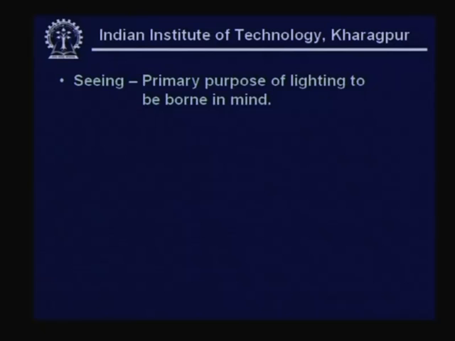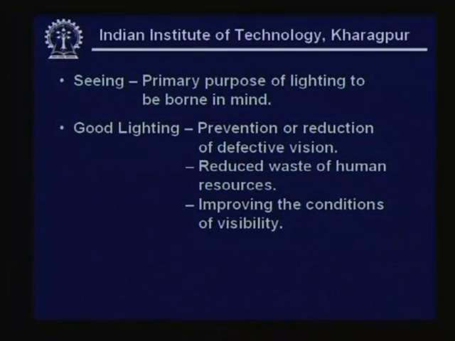So, seeing is our primary purpose of lighting. Recall, right in lecture 1 we had said that the ability to see things is the purpose of lighting, and our aim has always been to see that artificial lights are as close as possible to natural lights, and good lighting therefore should be in such a way as to avoid defective vision.